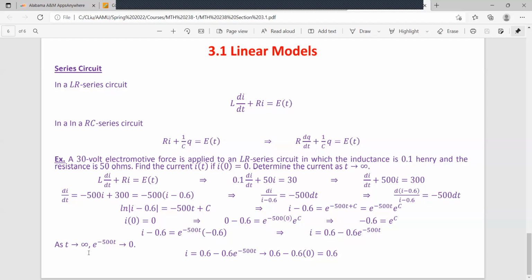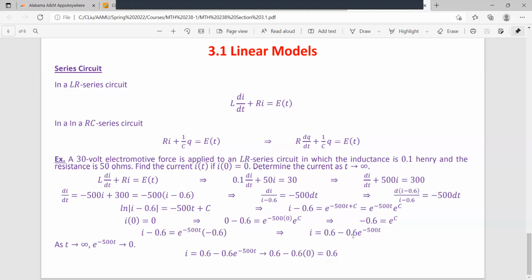Okay. As t approaches infinity, e to the negative 500 t approaches 0. So then eventually, the current I approaches 0.6 minus 0.6 times 0. Okay. So 0.6 times 0 is just 0. So eventually, the current is just 0.6 amperes.